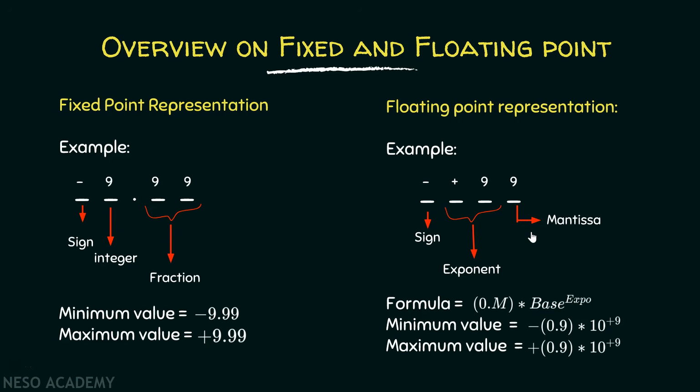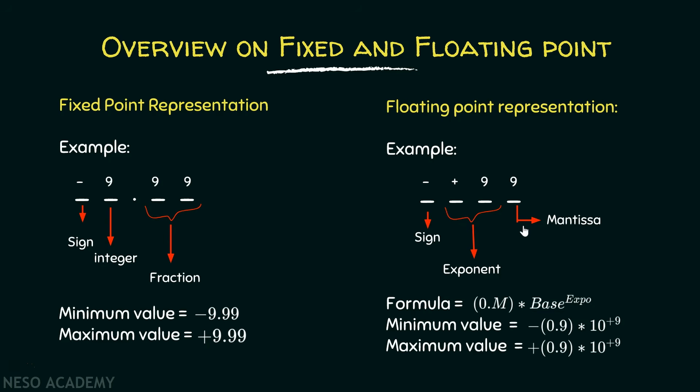Now the formula to represent real numbers would be 0.m into base to the power of exponent. Here base is 10. Because in our example we are representing the decimal numbers, therefore the base needs to be 10. Exponent is plus 9.